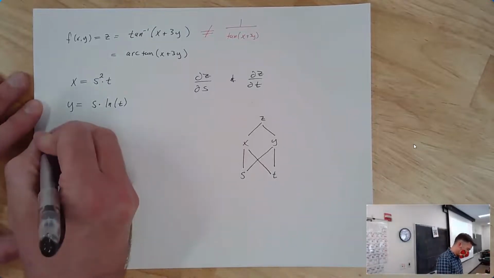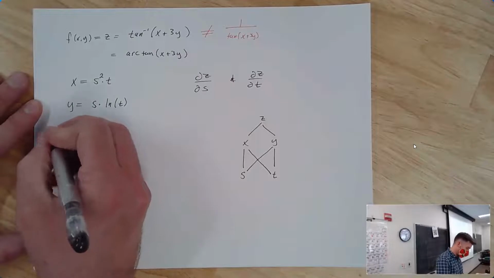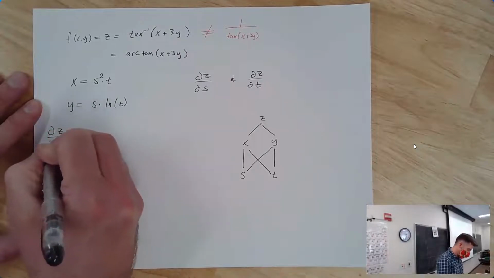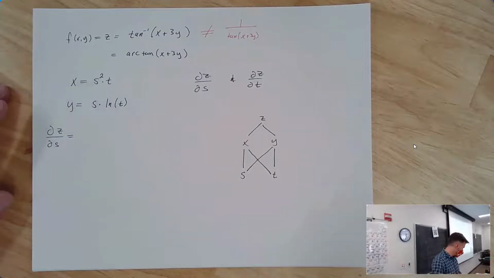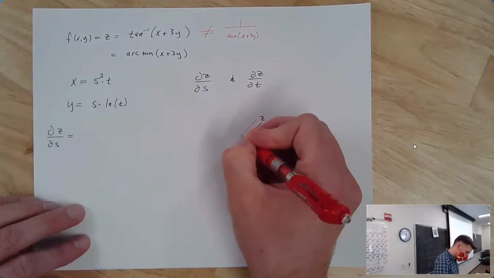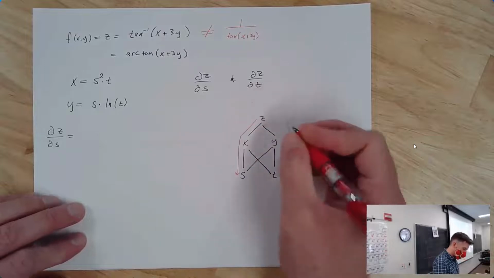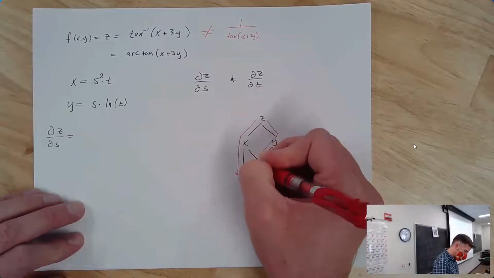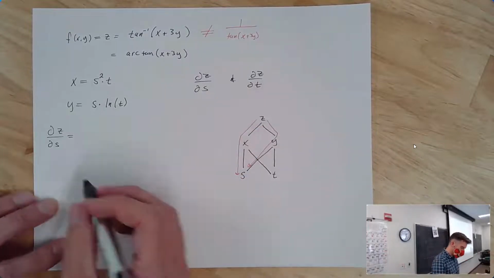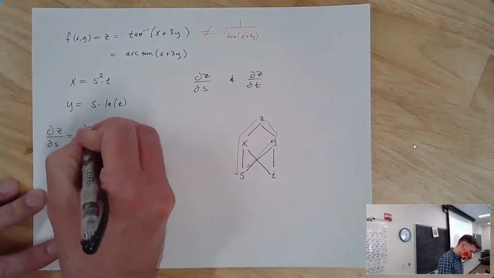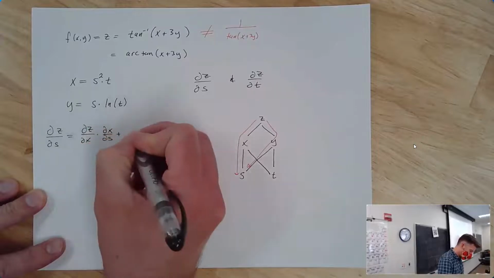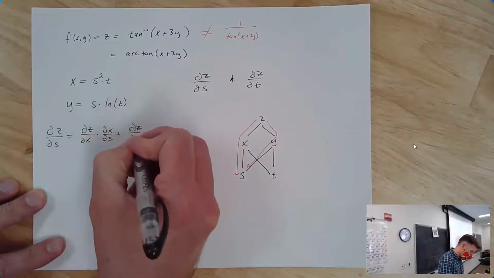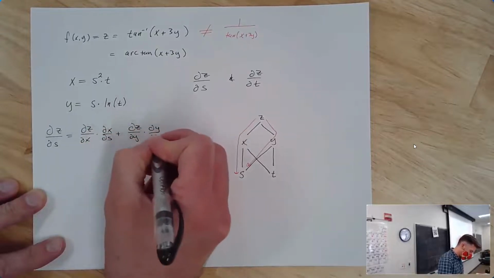So if I want to find del z del s, you can find all the paths to s. I'm going to go this way and then this way, and this way and then this way. So that's going to be del z del x times del x del s plus del z del y times del y del s.